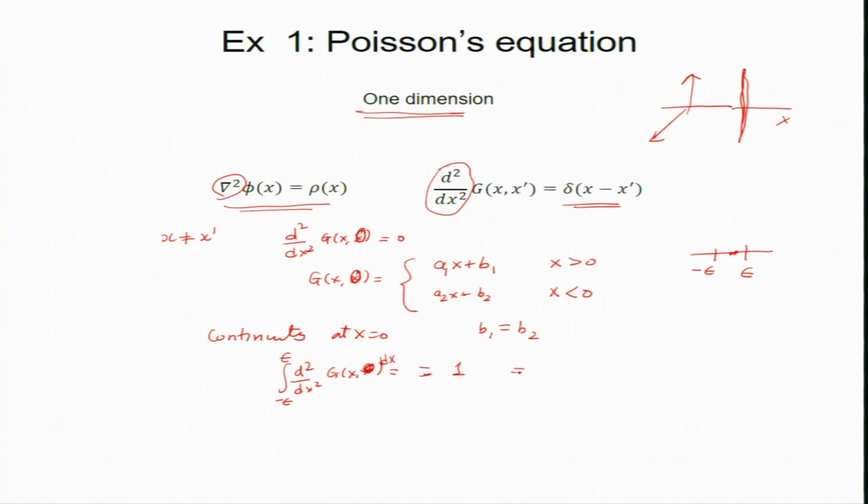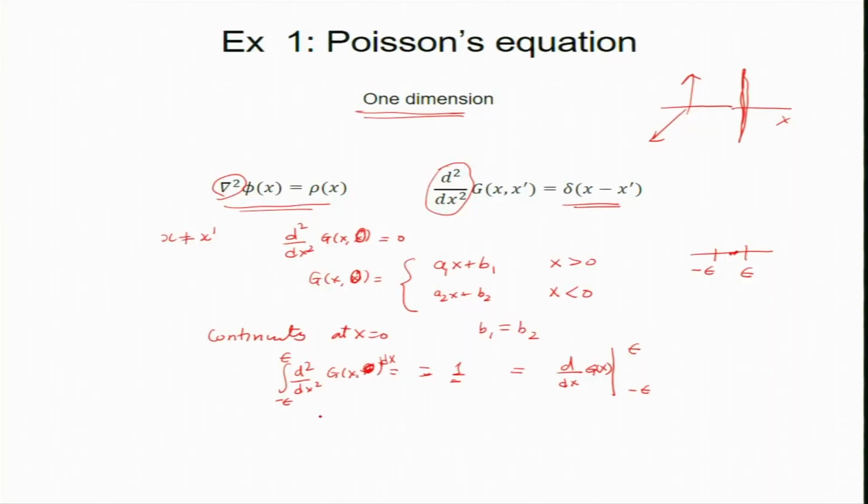The left hand side will be dG/dx evaluated from minus epsilon to plus epsilon. So, there is a change in the slope, and the change is 1. The change in slope from left to right is 1. Epsilon is positive, so right minus left: a1 minus a2 equal to 1.